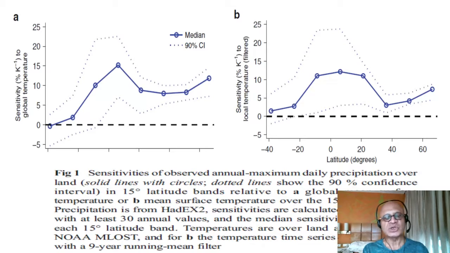There is regression of the observed annual maximum daily precipitation. So the idea is to derive sensitivity in terms of percentage change in extremes, as defined here, the annual maximum daily precipitation per Kelvin warming. And we are always looking for whether it remains close to Clausius-Clapeyron, which is that per Kelvin warming saturation vapor pressure goes up by 7%, and we want to see how that translates to extremes in terms of scaling per Kelvin warming.